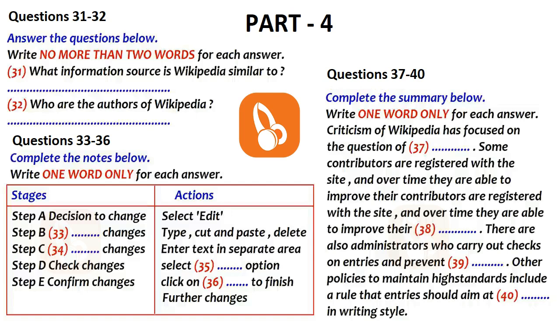Lastly, Wikipedia encourages editors to stick to certain rules, which help ensure the quality of entries. For example, contributors are expected to maintain a neutral tone in their writing, although perhaps it's impossible to be completely neutral.